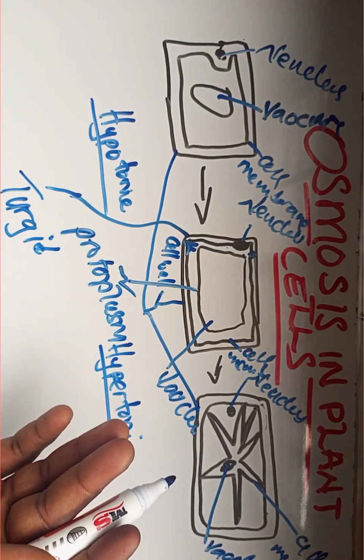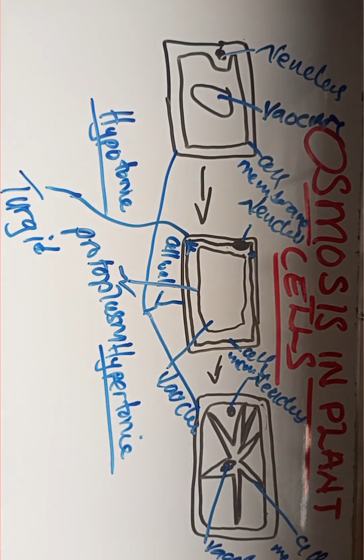When the cell membrane, because of the water it gains, swells up, that is called protoplasm. So that is what happens when the plant cell is placed in a hypotonic solution.